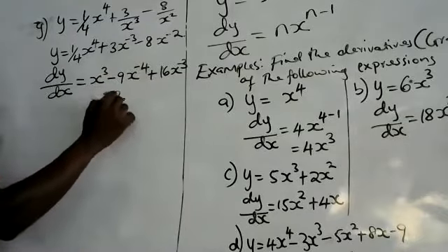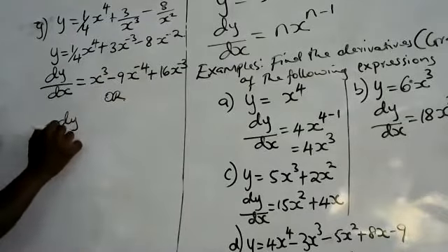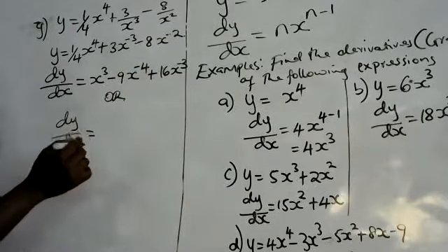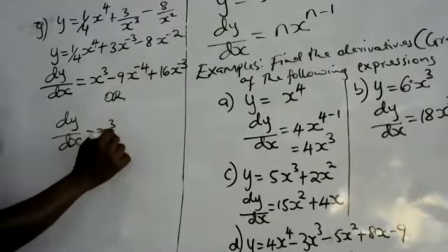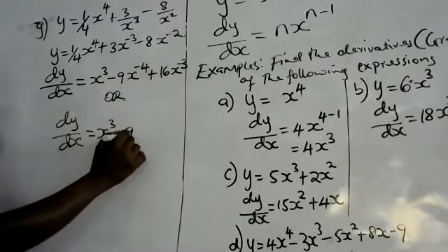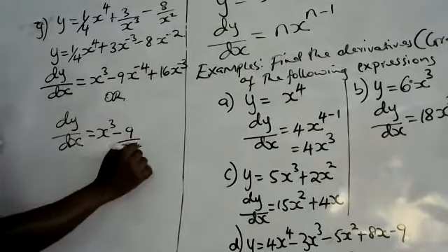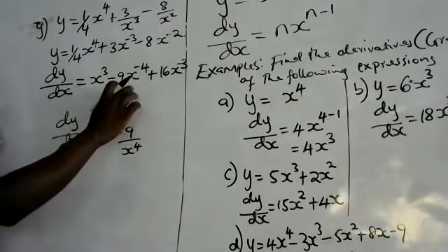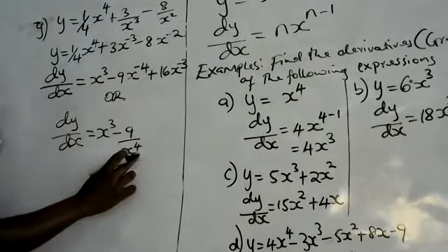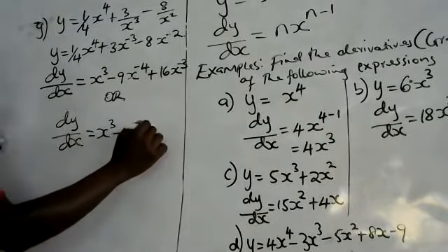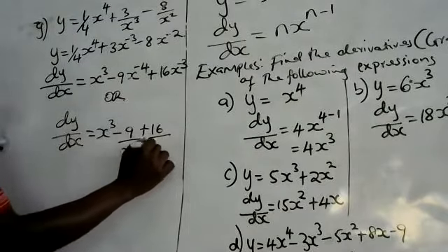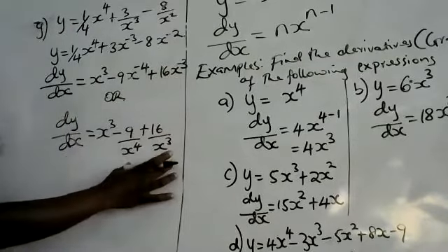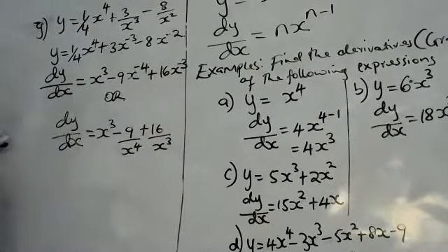Or it can be written as dy over dx is equal to x power 3 minus 9 over x power 4. You can take this one downwards to be the denominator, but its power now will be positive, plus 16 over x power 3. You can also write your answer this way or that way, but you still get the answer as correct.